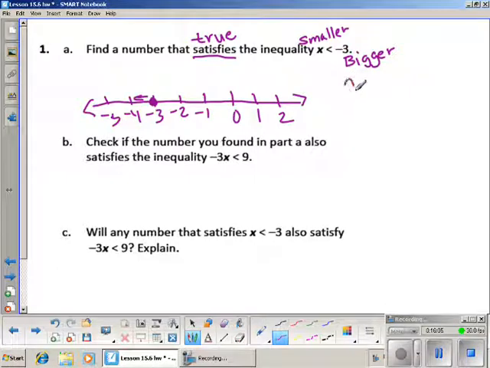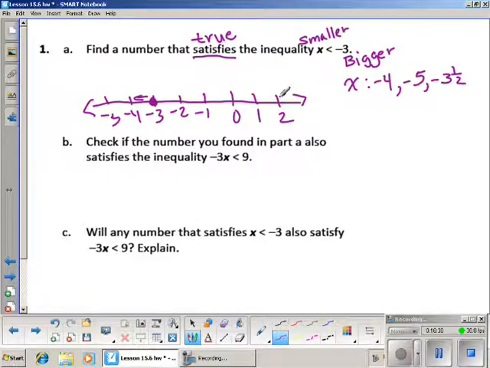It could be -5. Okay. Could it be -2? Absolutely not. Could it be -3.5? Yep. Okay, so lots of options here, guys, that would make this inequality true. And don't be afraid to use that number line model, especially when you're comparing negatives.